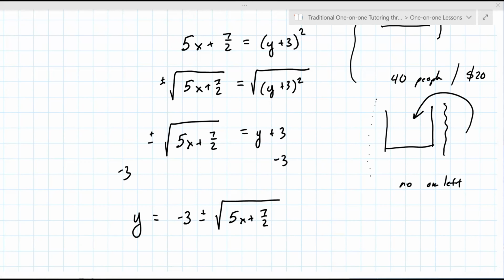Yeah, this does look like it matches up well with one of the given answers there. So that would be D. Okay.